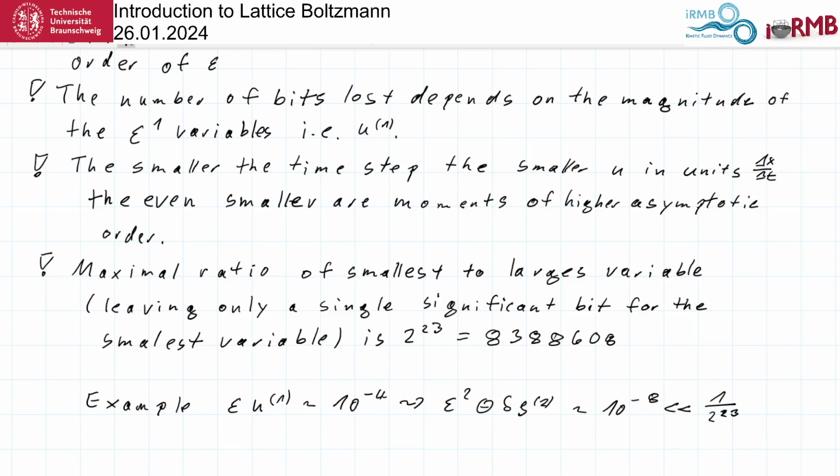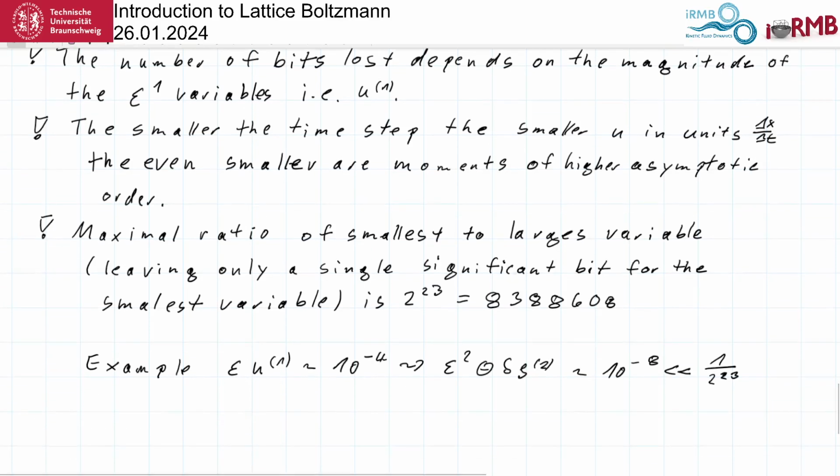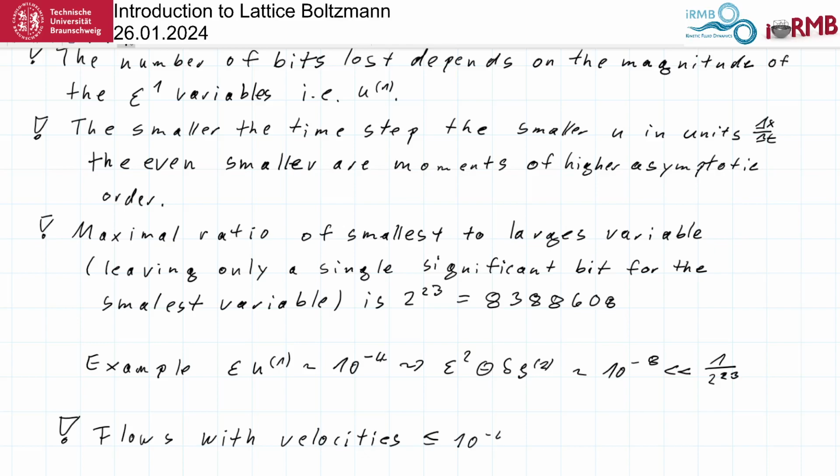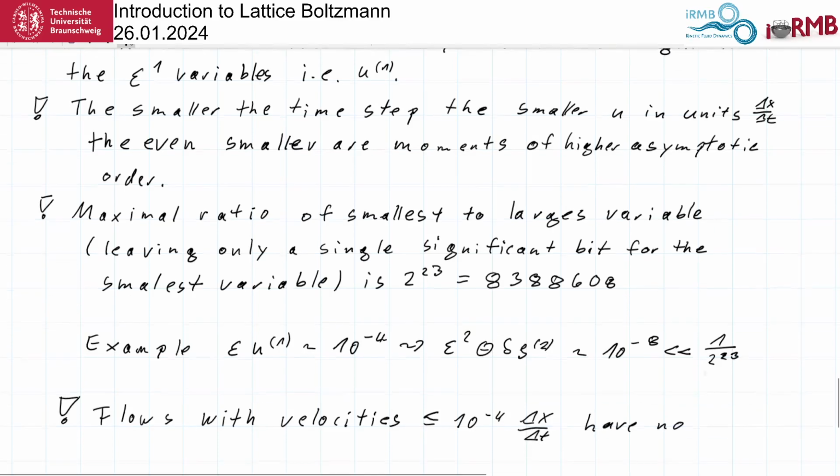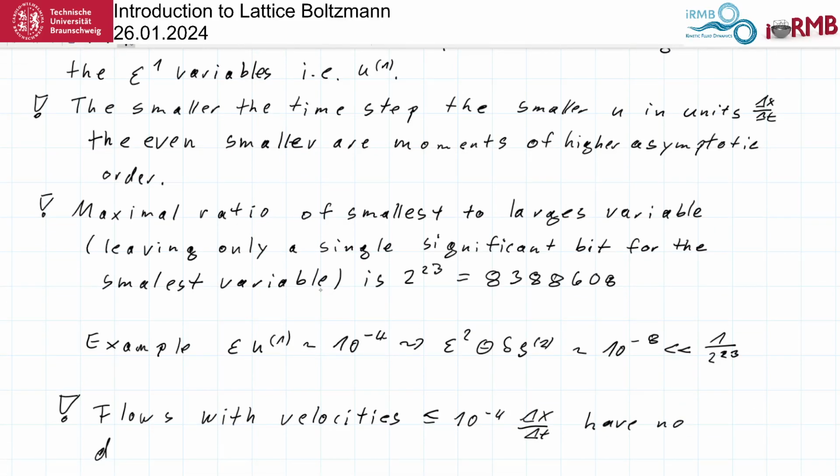And also their non-equilibrium part would be unrepresentable. So flows with velocities smaller than 10 to the power of -4 delta x by delta t have no detectable variation in pressure.